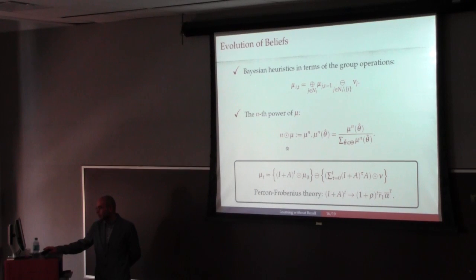And this allows us to write down the belief updates for the whole network in matrix format. And this in turn allows us to analyze what happens to the beliefs as time goes to infinity.